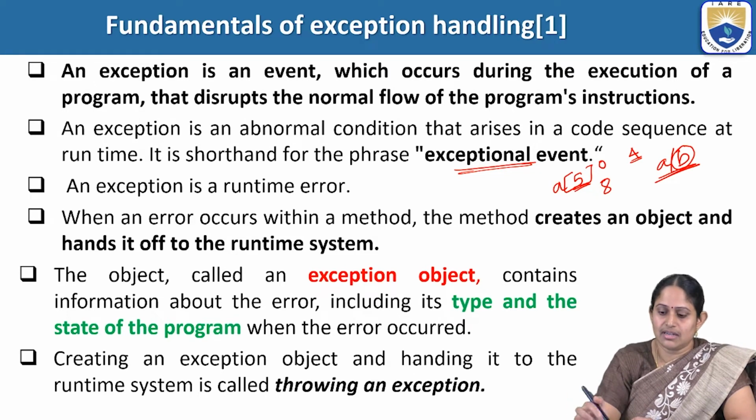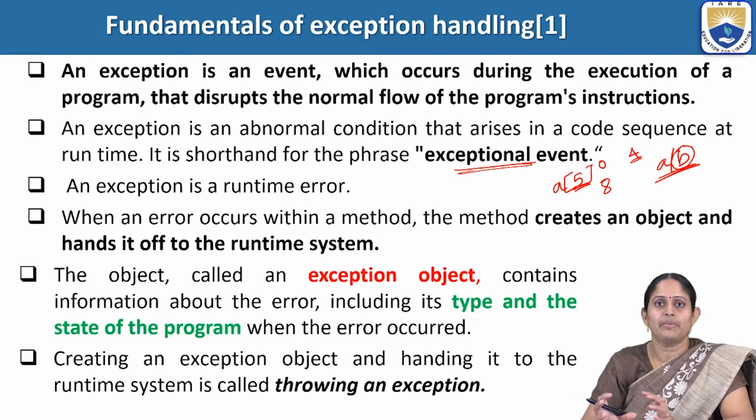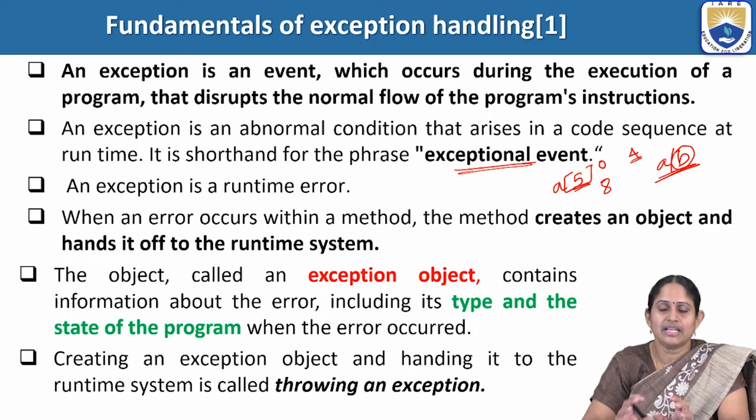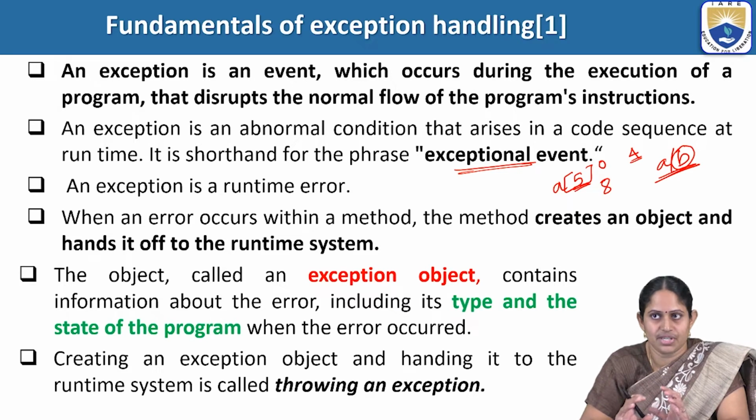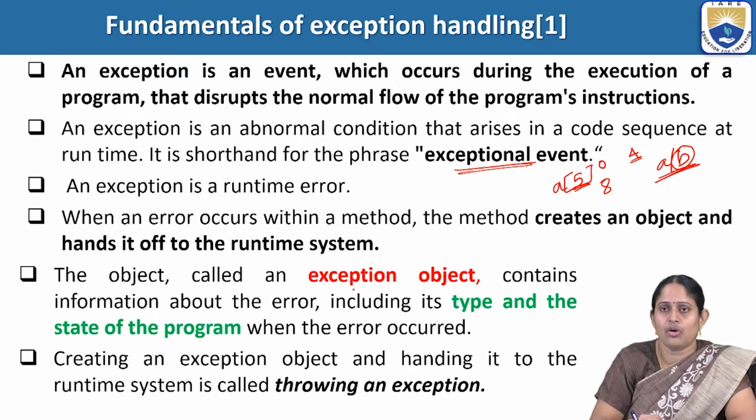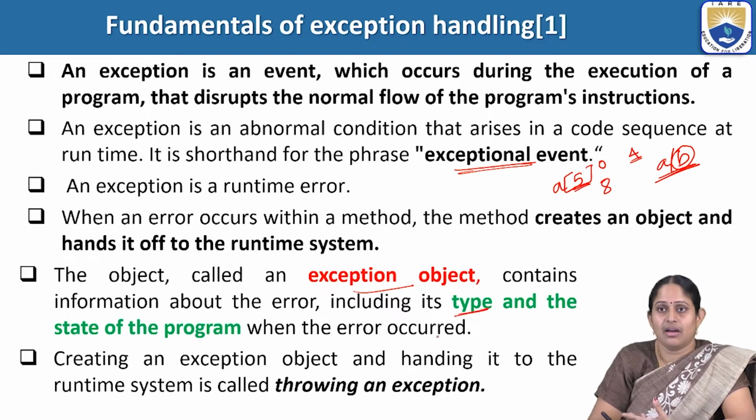Whenever such an error occurs, the runtime will create an object of exception type and hand it over to the runtime system. This exception object carries all the details about the type of the exception being thrown, like whether it is an arithmetic exception or an array out of bound exception.